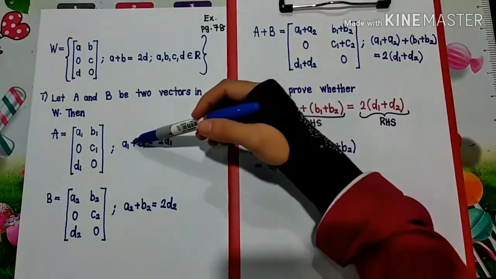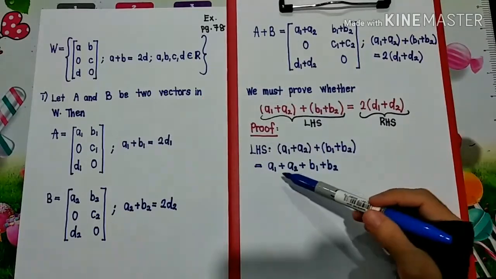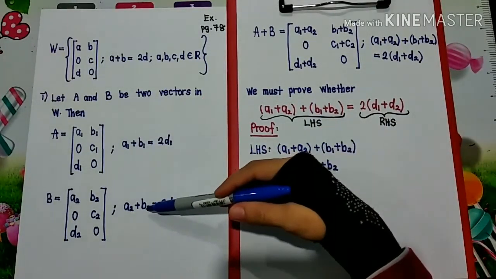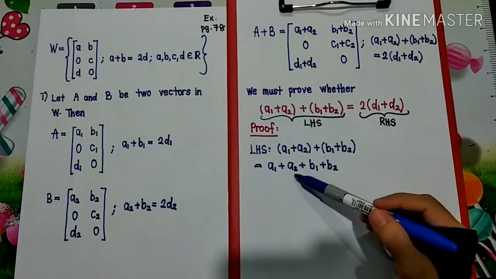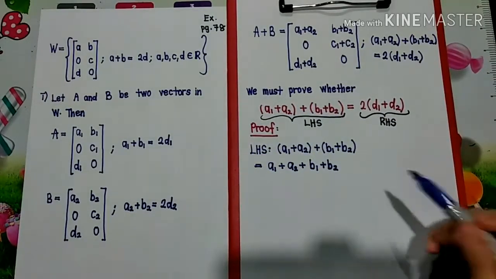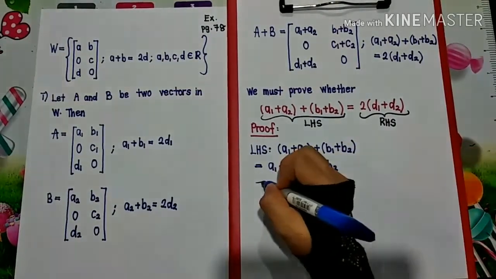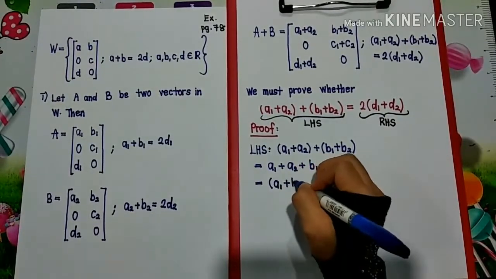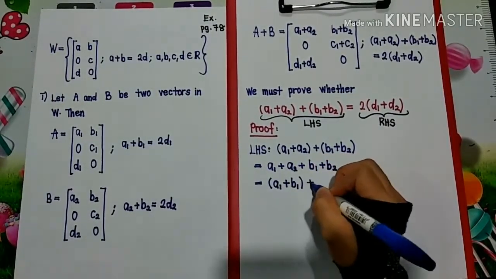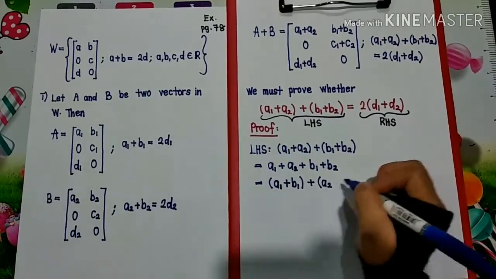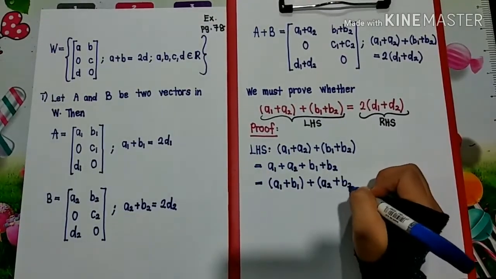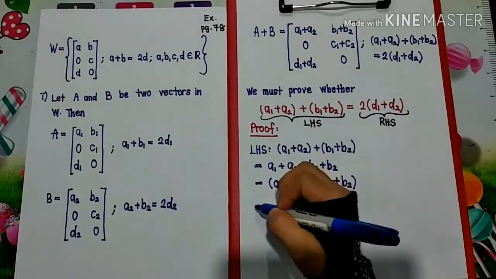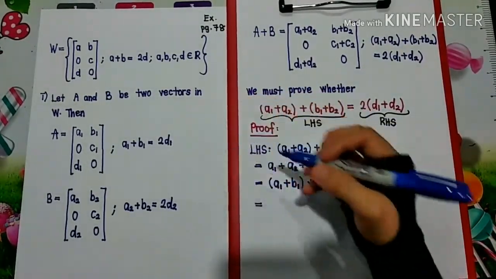We have A1 plus B1 and A2 plus B2, so we rearrange the equation: A1 plus B1 plus A2 plus B2. Now you can substitute A1 plus B1 equals 2D1.